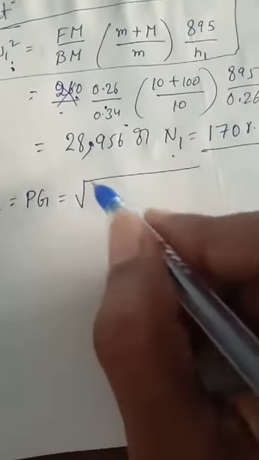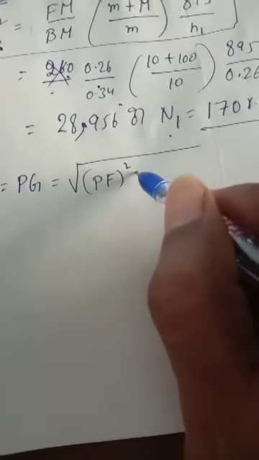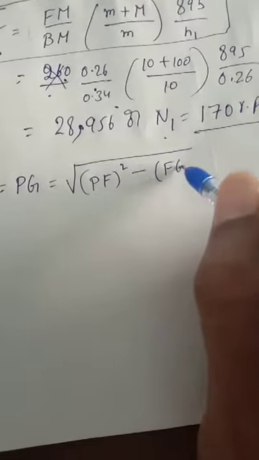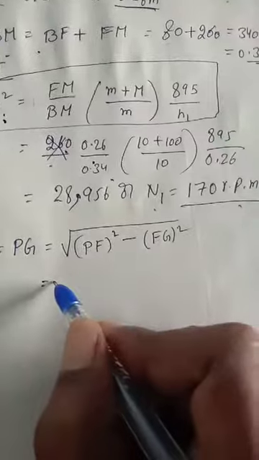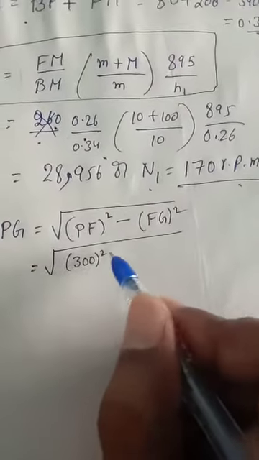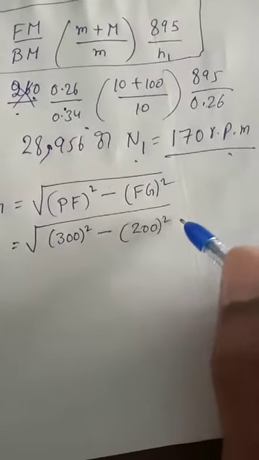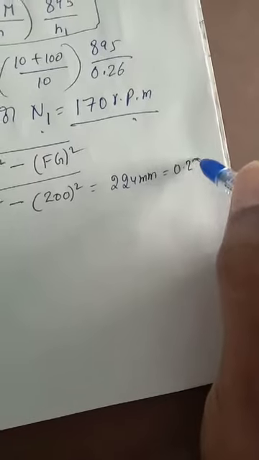So that is equal to the square root of PF whole square minus FG whole square. Now substitute the values: 300 square minus 200 square, that is called 0.224 meter.